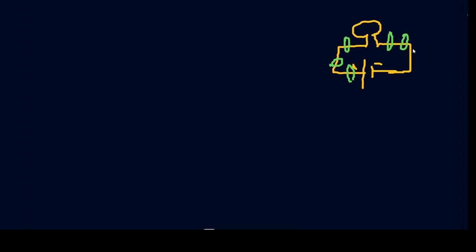Some electric field will be produced, and what is this field doing? It is simply exerting some force on these particles. Which particles? The charges which are in motion. They are nothing but electrons. So this electric field is exerting some force on these electrons in order to move in a particular direction, right?